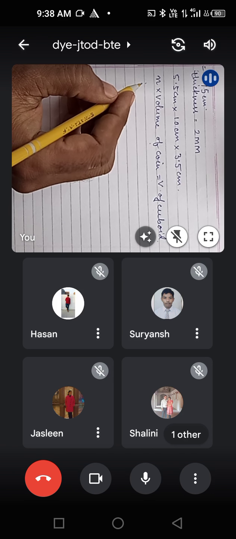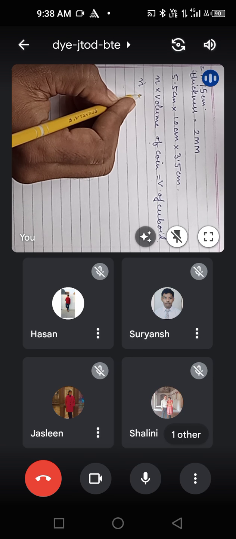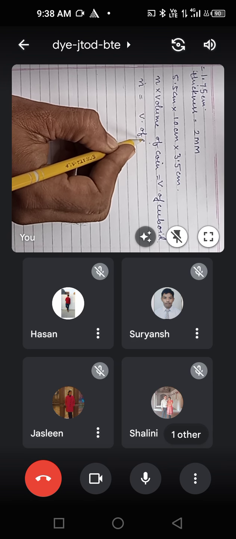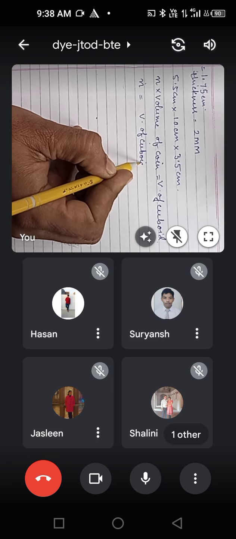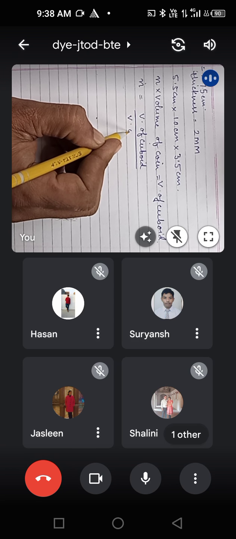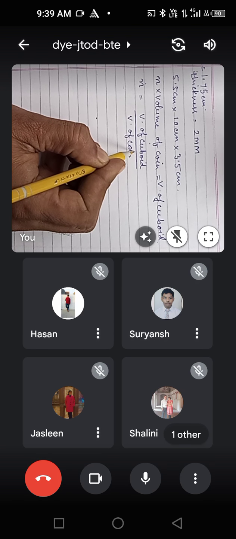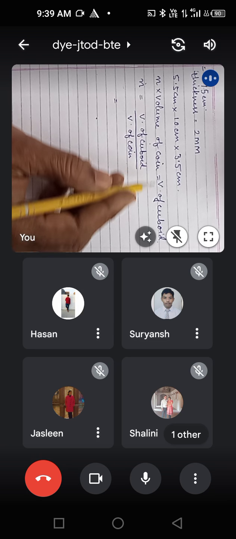Right. Now let's see what is the value of n. N is equal to volume of cuboid upon volume of coin. This point is clear. Cross multiply, this will go down.